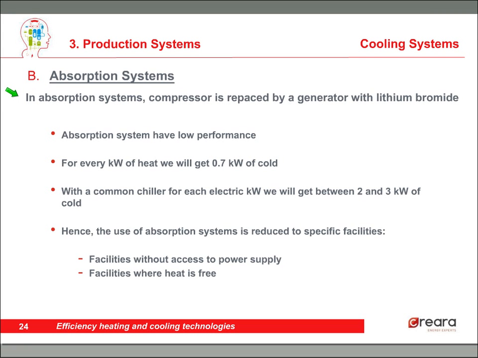I remind you that normal chillers, even if they are quite old, normally have about 200% energy efficiency, so this is quite a lot less. However, this system can be fed with thermal energy, and this is an advantage because they are very interesting in isolated installations through solar thermal devices, or in places where heat can be obtained freely.